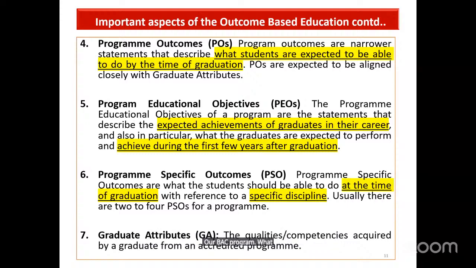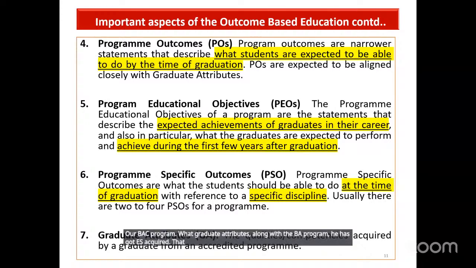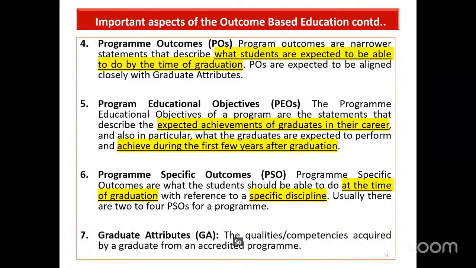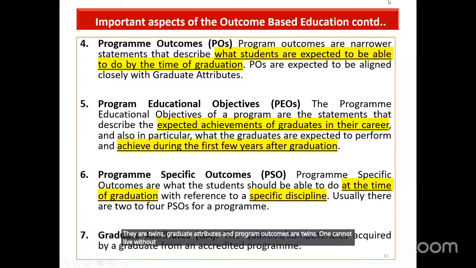What graduate attributes along with the BA program has he acquired? That is the program outcome. So what students are expected to be able to do by the time of graduation. These program outcomes are to be aligned with the graduate attributes. They are twins. Graduate attributes and program outcomes are twins. One cannot live without the other.